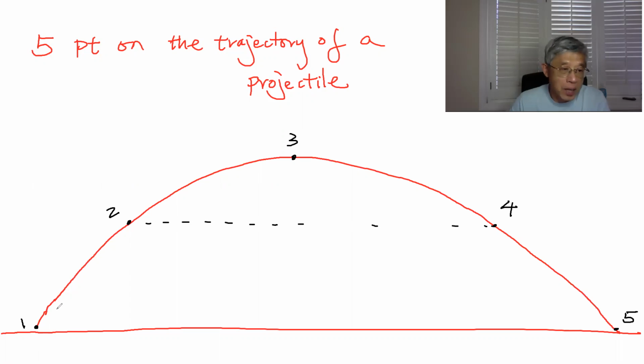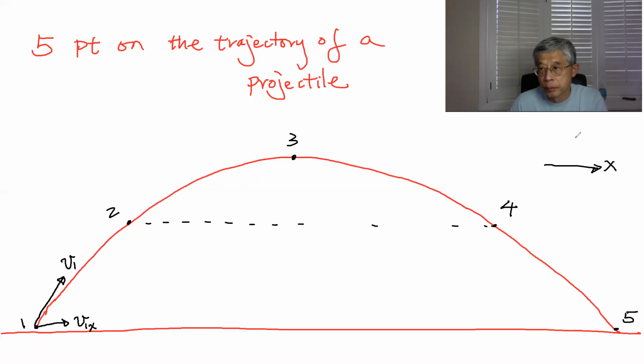Okay, so first, velocity. So velocity at point 1, you're going to draw a tangent. We're going to call that V1, and I'm going to call this one V1x. So x and y define your horizontal and vertical positive directions. And at point 2, you can see this angle change already.